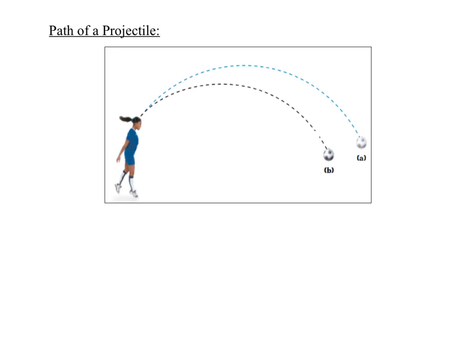So, we have an image here of a soccer player heading a soccer ball, right? And there are two paths taken here. Path A is the idealized path. If path A is the idealized path, what would path B be? The realistic path, okay?